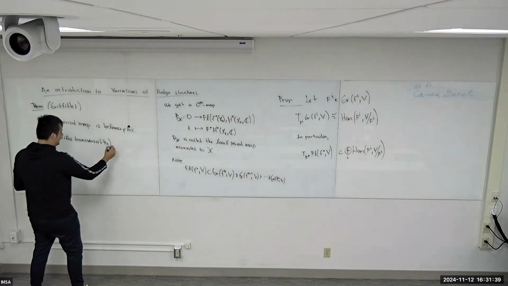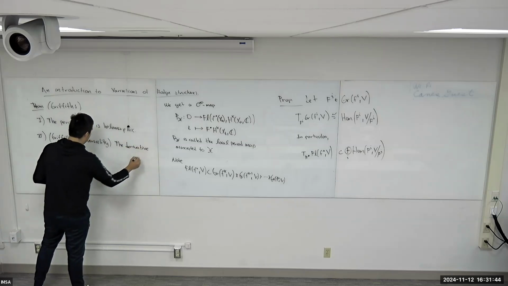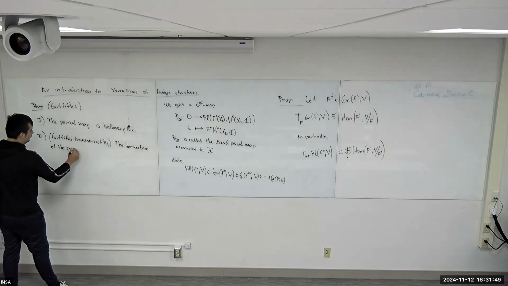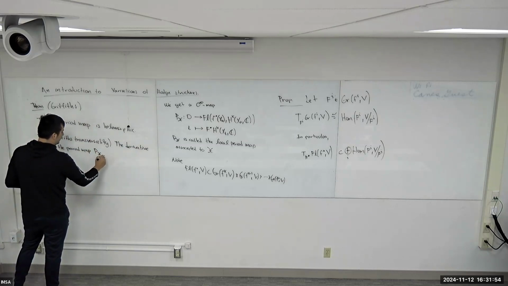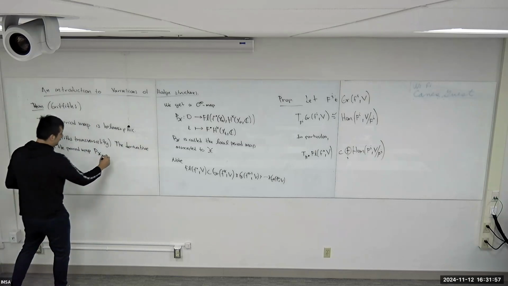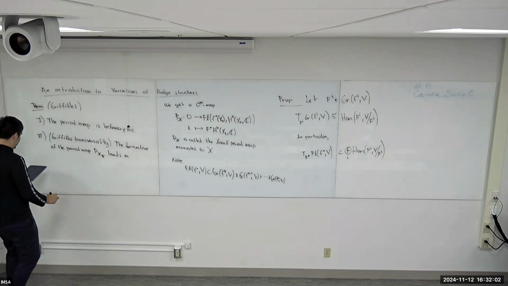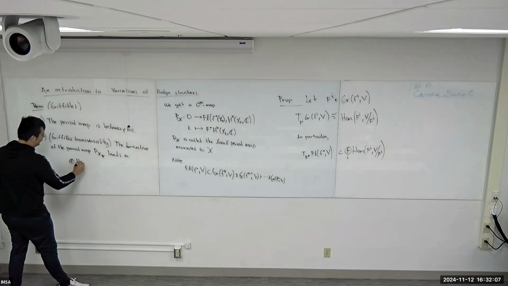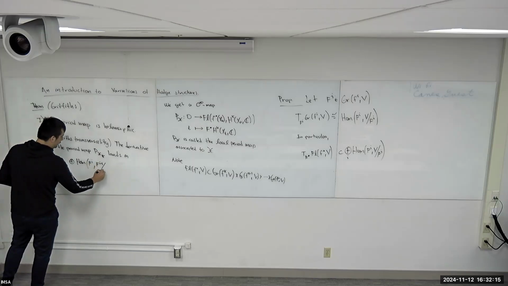In this Griffiths transversality, it says the following: the derivative of the period map, that I will denote like P_x star, lands in the following subspace. This is the direct sum of homomorphisms of F^i, and it will only reduce by 1 here.